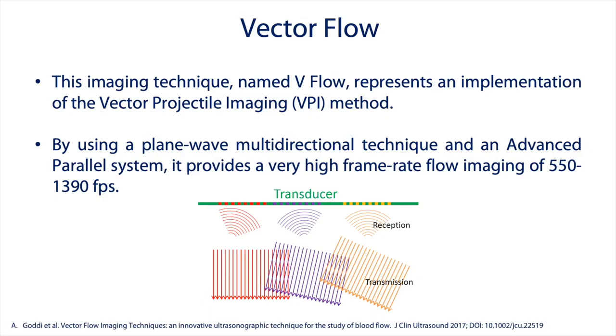It provides a very high frame rate flow imaging through multidirectional transmission and reception of plane waves at a PRF between 3 and 10 kHz, achieving about 400 or more than 1000 frames per second, while interleaving high-resolution B-mode imaging.